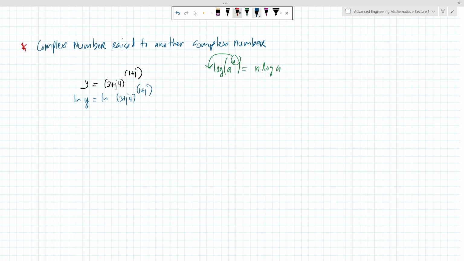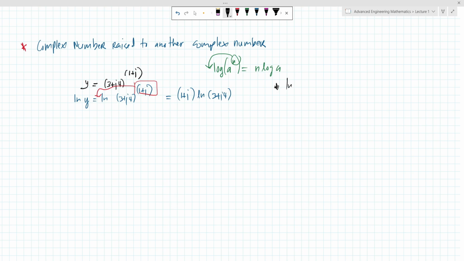So now we are sure that we can write it here. This is the same as the quantity 1 plus j times the natural log of 3 plus j4. So we have to evaluate the natural log of 3 plus j4.